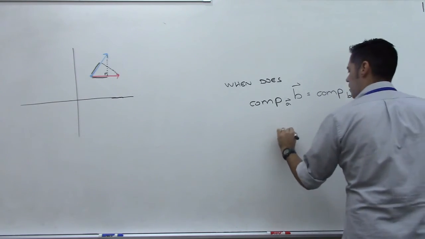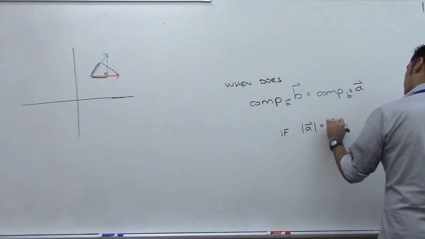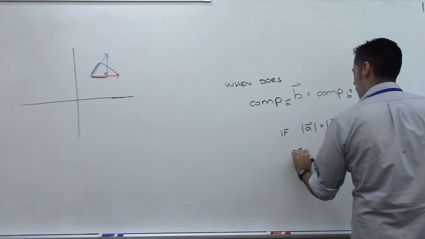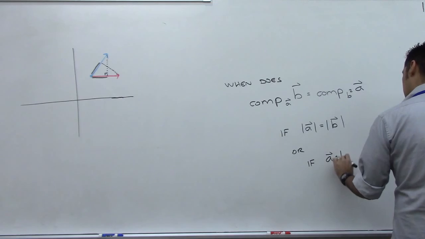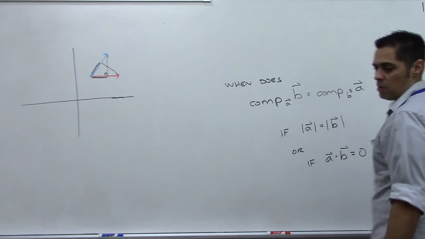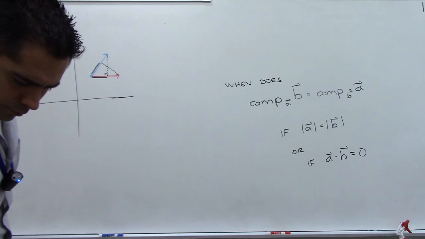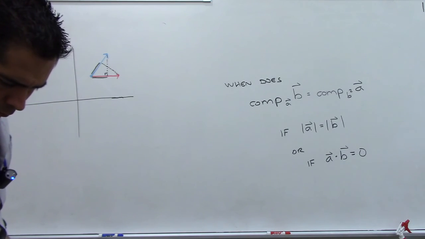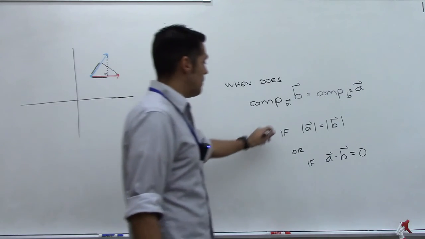Well, if the magnitude of A equals the magnitude of B, or if A dot B equals 0, so if they're orthogonal. That's the two ways it'll happen.